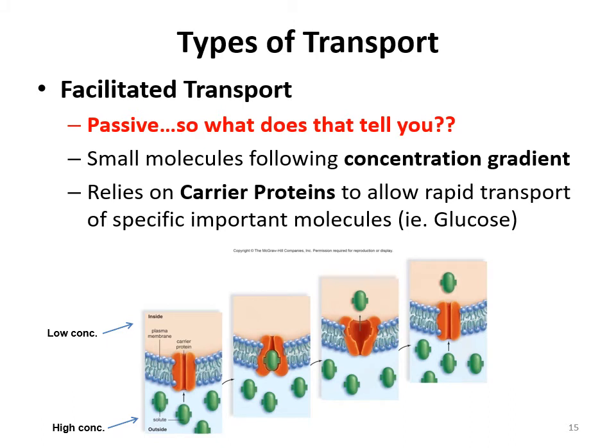Now, the only way that this differs from the previous diffusion that we talked about is that there is a carrier protein involved. And that carrier protein will be specific to the type of solute that you want to move. So in this case, it might be glucose. So only the glucose molecules will get into that carrier protein and move into the cell. So it's a way of regulating the movement into and out of the cell, but it's still going from high concentration to low concentration, so no energy is required.